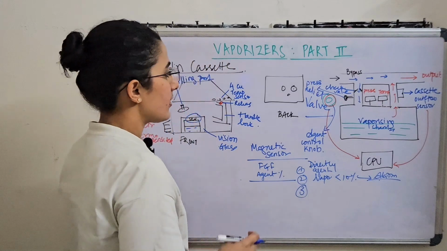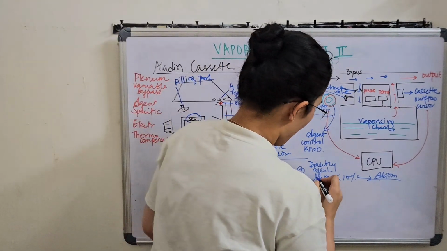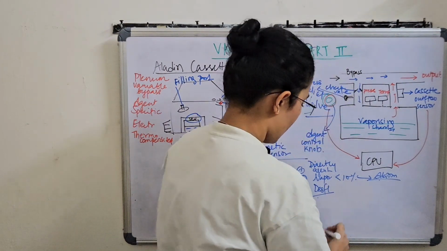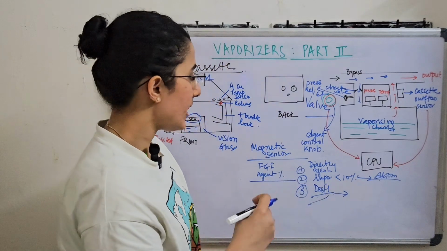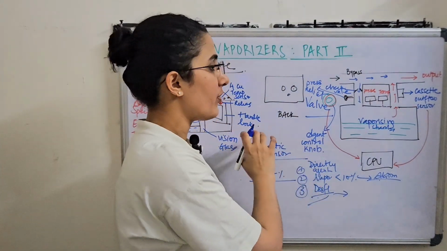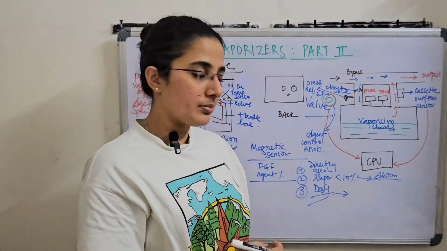And one more thing with the Aladin vaporizer is that, especially for desflurane, the desflurane vaporizer is electronically heated, like even the sevoflurane or any other agent which the Aladin cassette comes in.